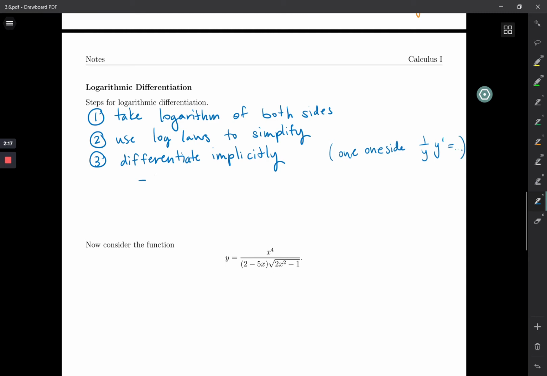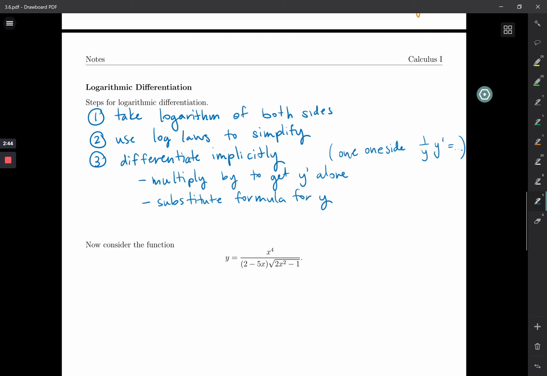Hopefully that will help make this part make sense. The next step is to multiply by y to get y prime alone, and then you just substitute the formula for y to get your answer all in terms of x.